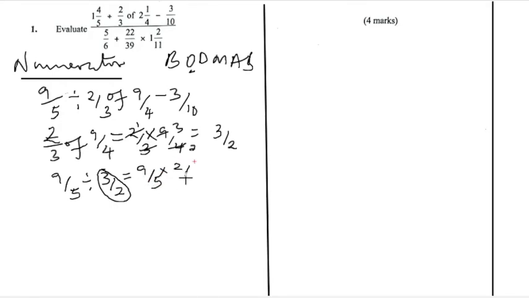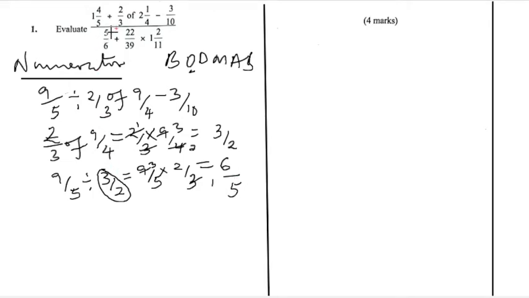Most students always forget to do that. So always be careful to remember to reciprocate, because it is these small mistakes that will make you not get the correct answer. So 3 goes into 9 3 times. So I'm going to multiply 3 times 2. This will give me 6 over 5.